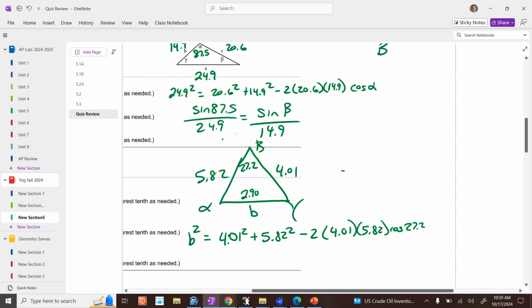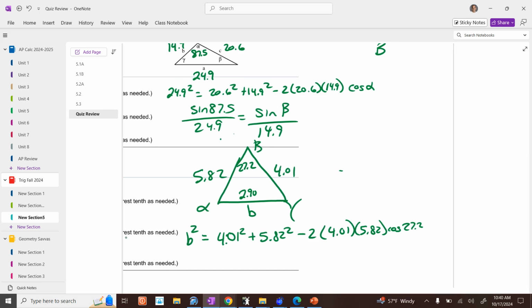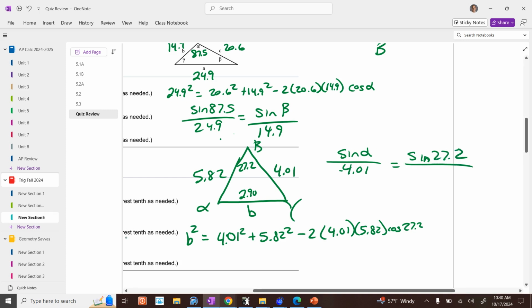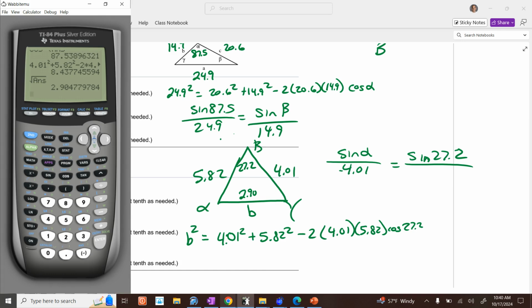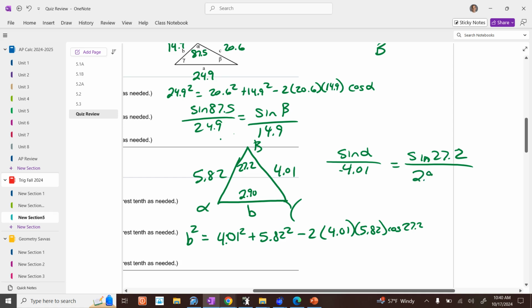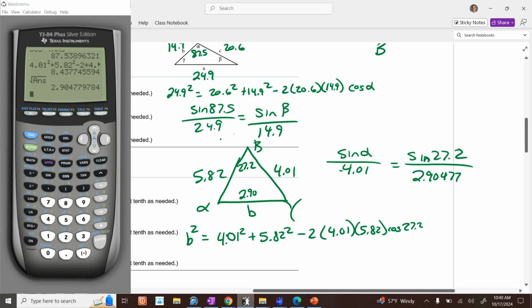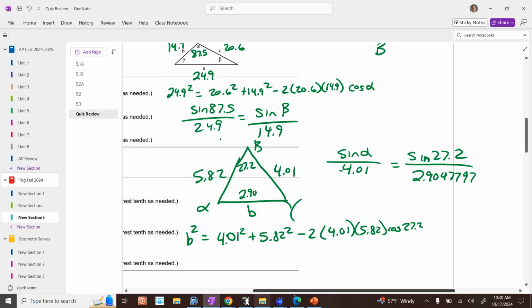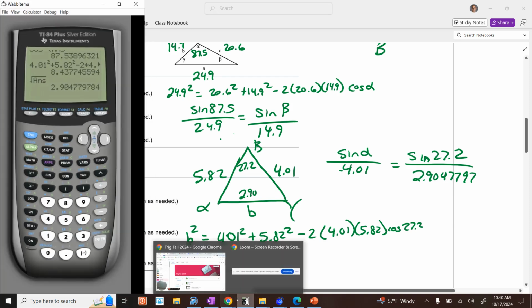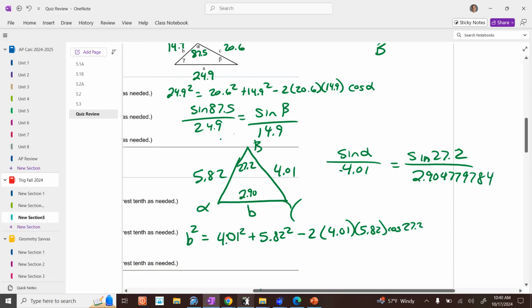Then we can just use law of sines to figure out angle alpha. The sine of alpha over its opposite side, 4.01, equals the sine of beta, sine of 27.2 over. And what I'm going to do is use more than just 2.9. I'm going to use 2.90477 and a bunch of decimals, because then I don't have a rounding issue.